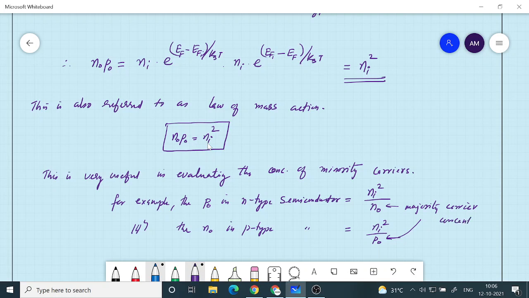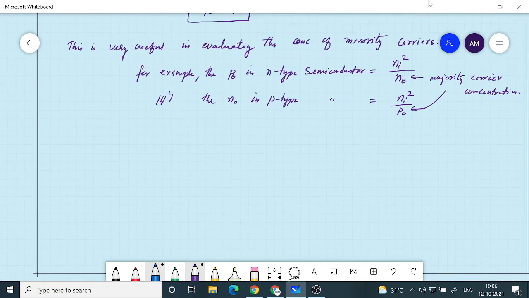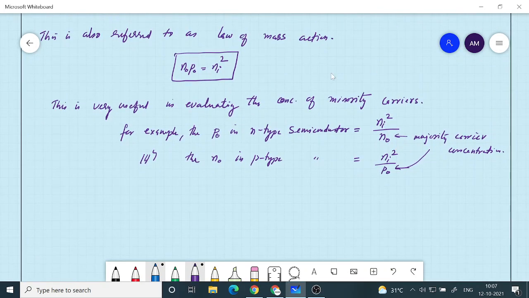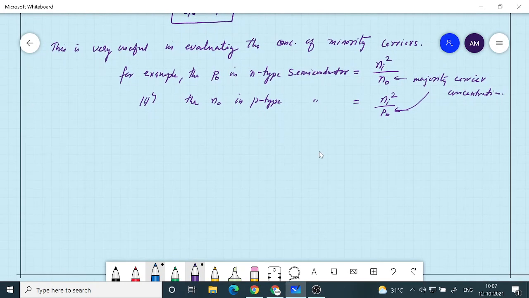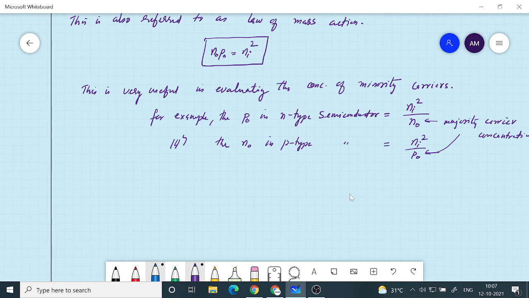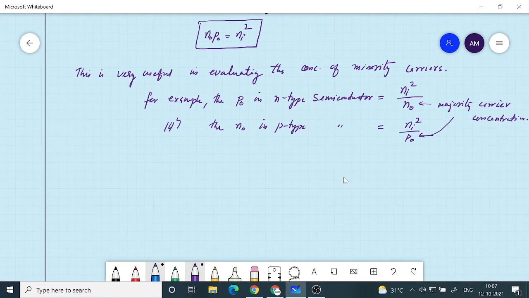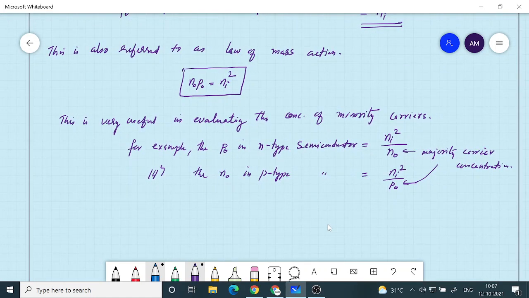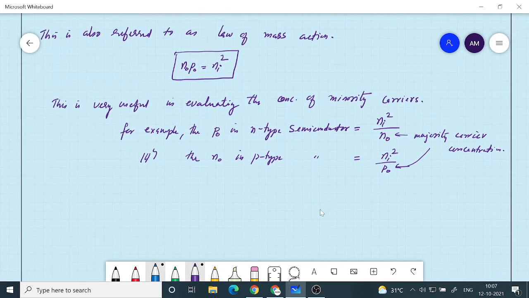So now we are going to evaluate how we can find the majority carrier concentration. Minority carrier concentration can be found from this relationship, but what about the majority carrier concentration? Only if you know the majority carrier concentration can we evaluate the minority carrier concentration using this law of mass action. But how can we evaluate the majority carrier concentration?